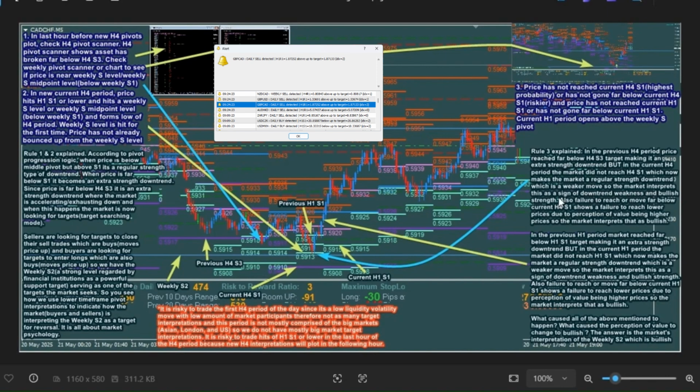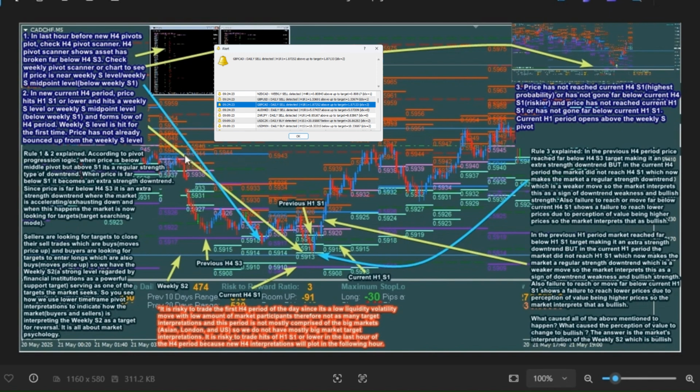So the market interprets this as a sign of downtrend weakness and bullish strength. Also, failure to reach or move far below current H4S1 shows a failure to reach lower prices due to perception of value being higher prices, so the market interprets that as bullish. And you see that happening here.